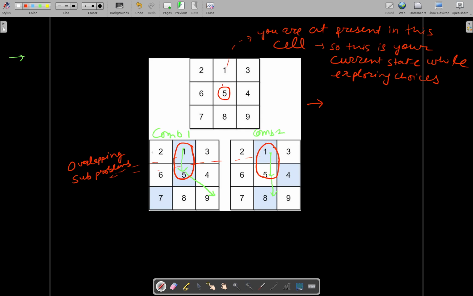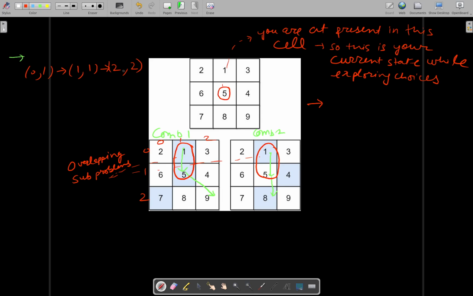What I mean by this is, if you mark the rows and columns with indices, then first of all you are choosing 0 colon 1, then you are going to 1 colon 0... then you are going to 2 colon 2.